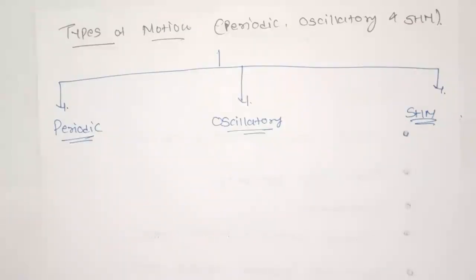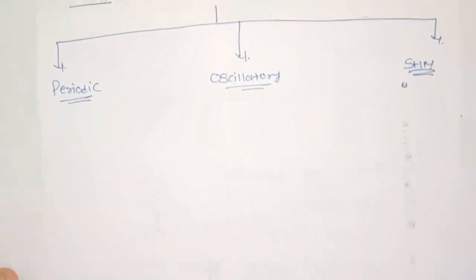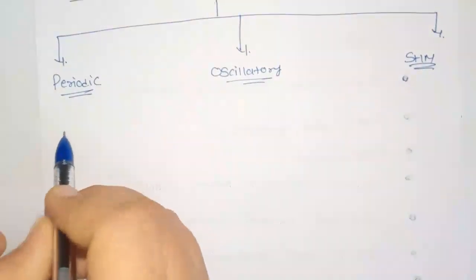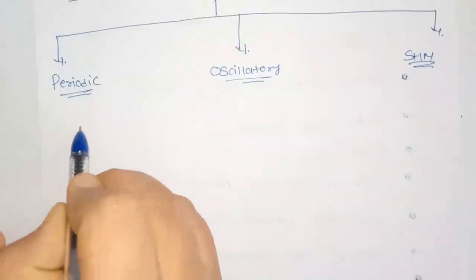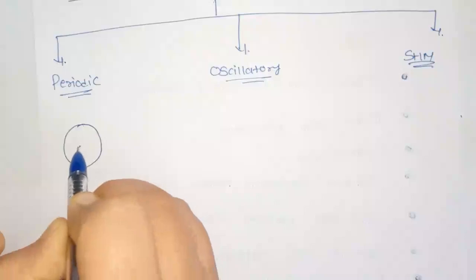Let us first understand the periodic motion, oscillatory motion and SHM and the difference between them. First, let us see the periodic motion. Say for example, an object is moving in uniform circular motion.